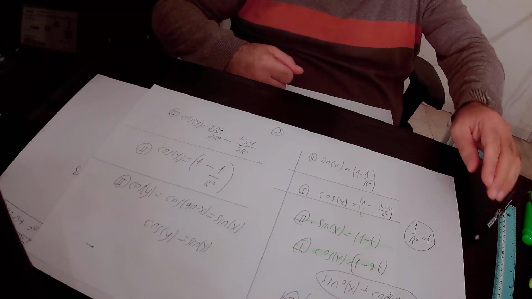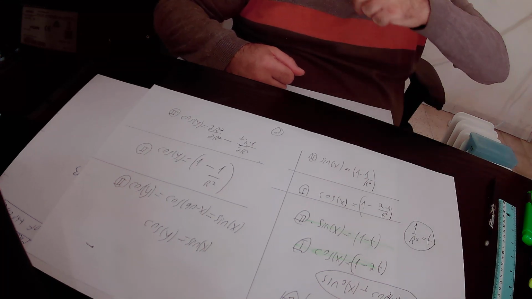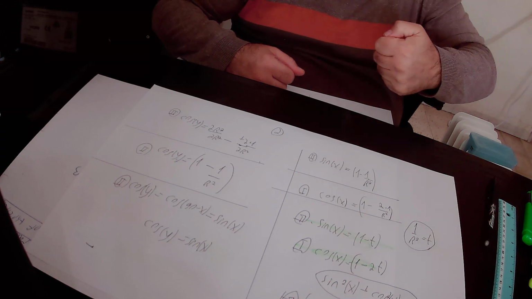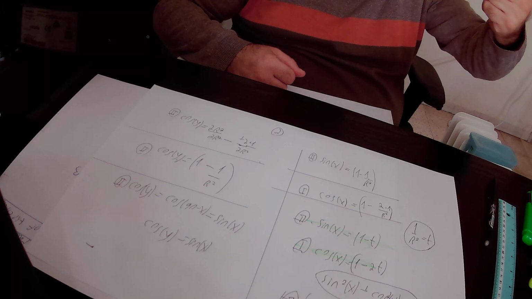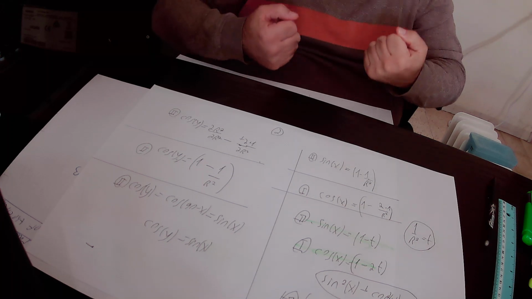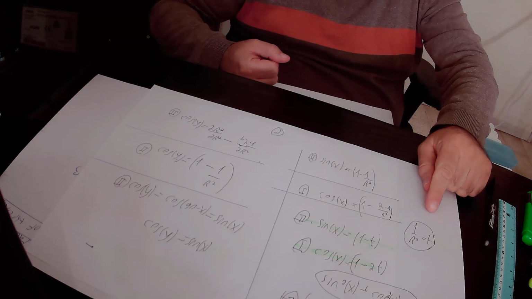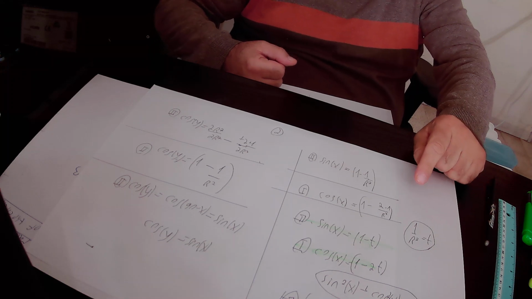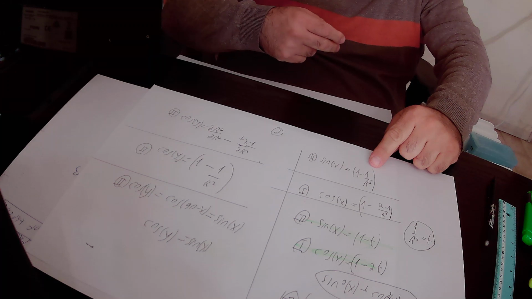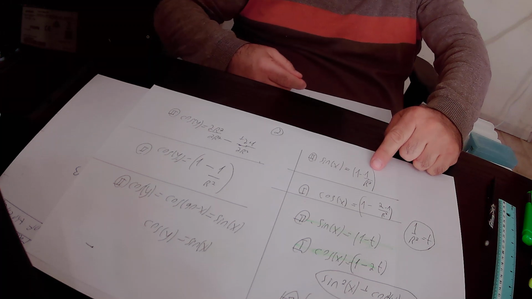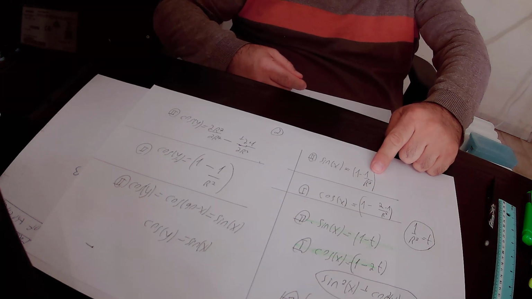Then we defined 1 over r squared as t. Therefore, in the next step, we substitute 1 over r squared in both equations, equation number 1 and equation number 2, by t. And found out that according to equation number 2, sine x equals 1 minus 1 over r squared, which is 1 minus t.